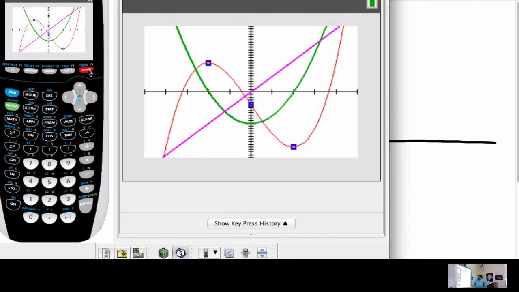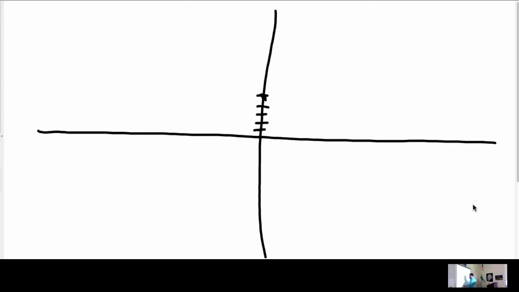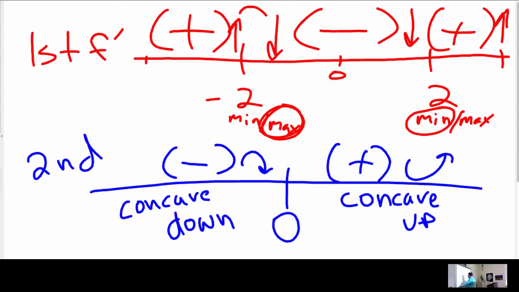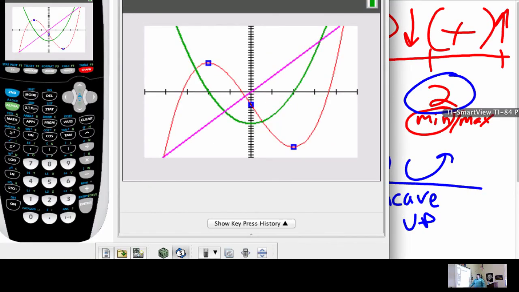Oh yes, so if we look at our graph, this is what I was trying to show you. We can see it graphically too. It takes a little bit of practice though. Our critical points were 2 and -2 because that's where f prime was equal to 0, right?